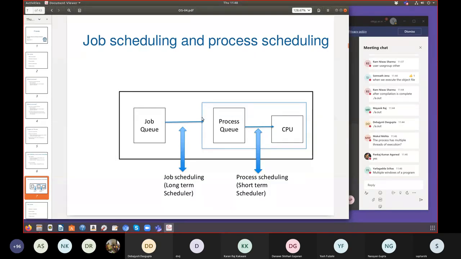Right, so there are 2 levels of scheduling. One is there are many waiting jobs, so which job to load into memory. That was decided by the long-term scheduler. And say there are 100 jobs waiting, and 20 jobs are in the memory, they are currently processes. So the short-term scheduler selected one of these 20 processes and allocated the CPU.